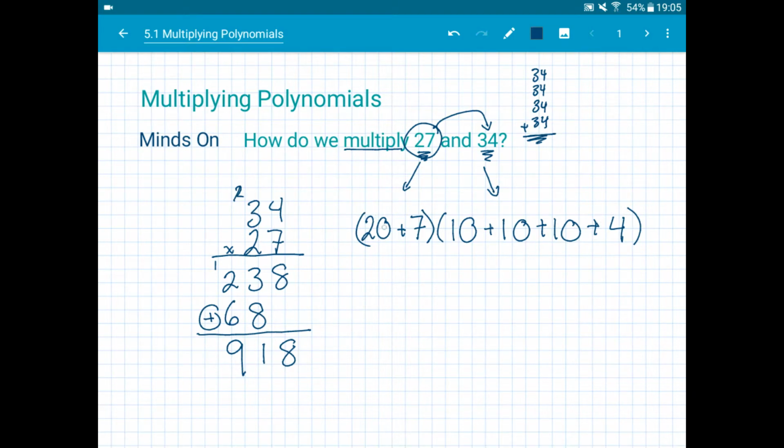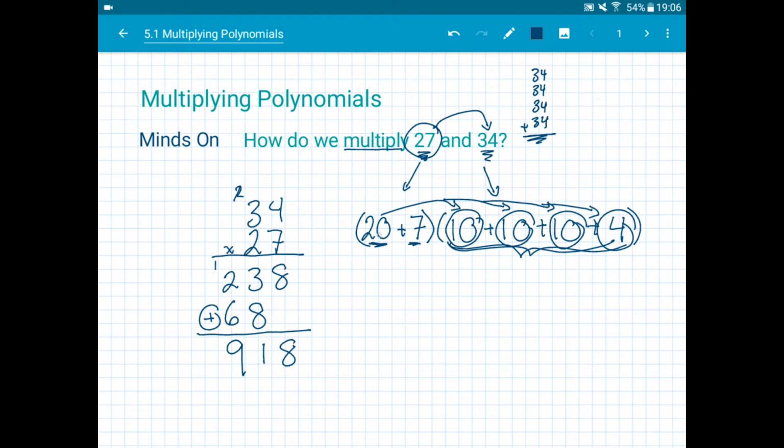I'm going to think of 27 as a 20 and a 7. So what do we have? We have 20 34s and 7 34s. So that must mean we have 20 10s, 20 of these 10s, and we have 20 4s.